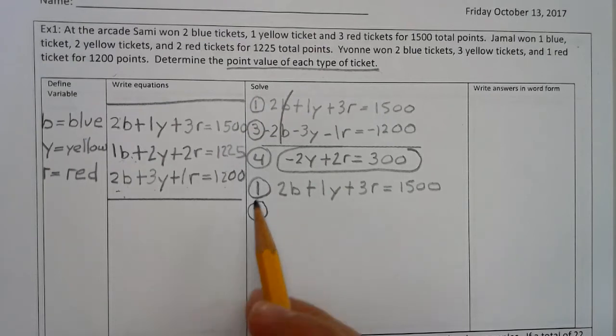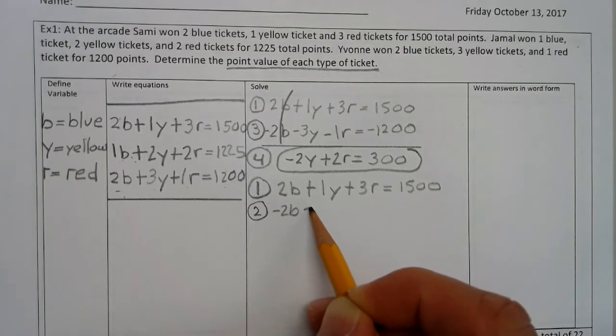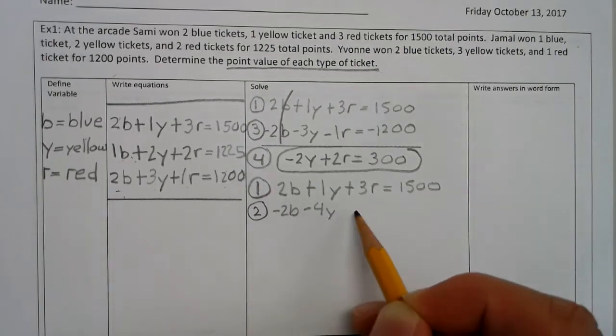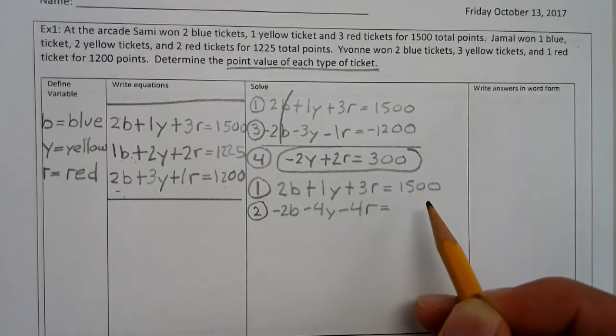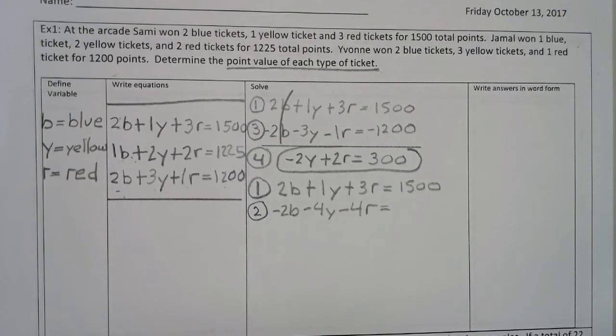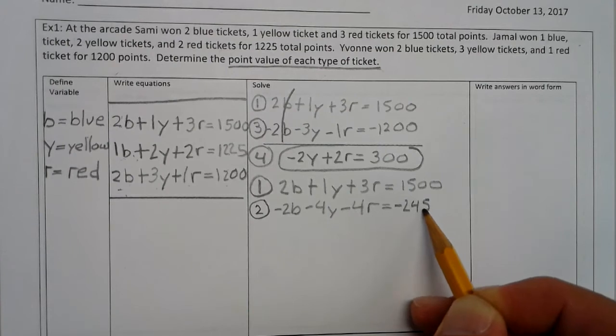So equation 2 becomes negative 2b minus 4y minus 4r equals, I'll have to put that in the calculator. I think I know what it is, but I want to make sure I write it down correctly. 1,225 times negative 2 is negative 2,450.